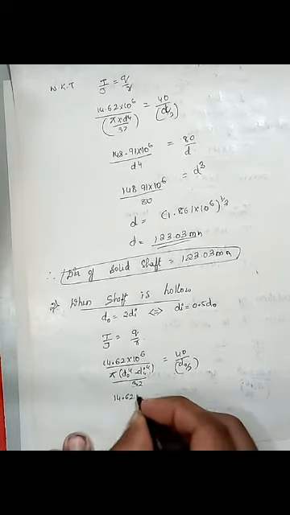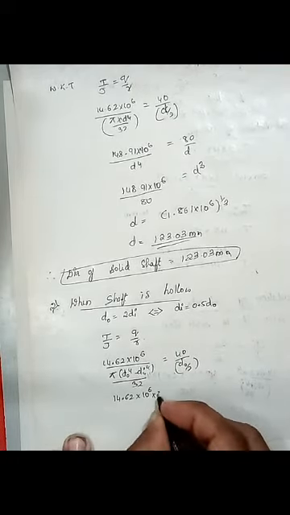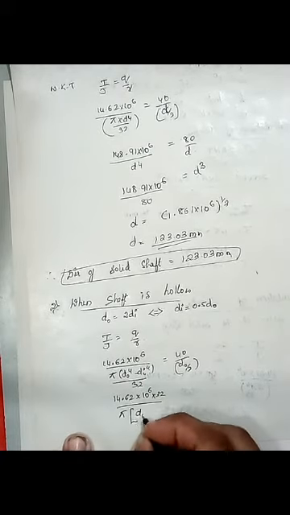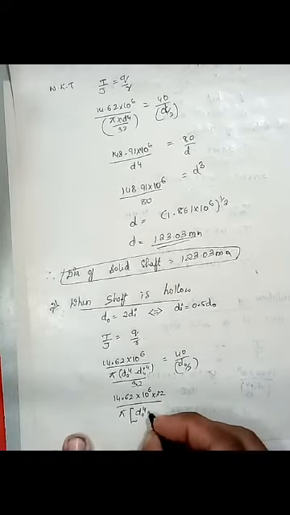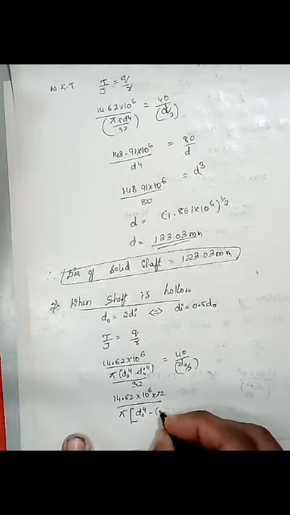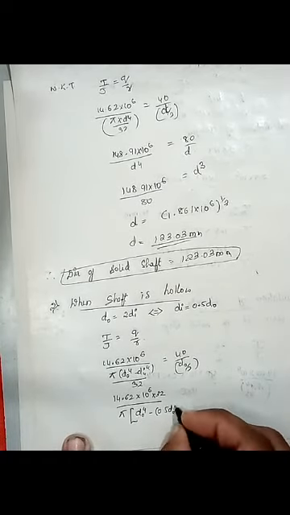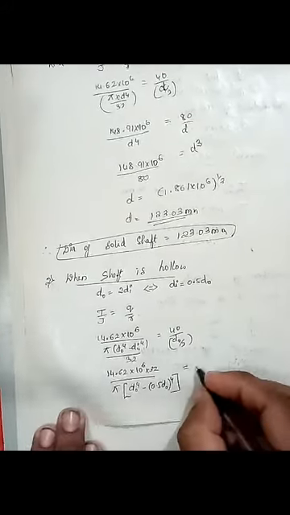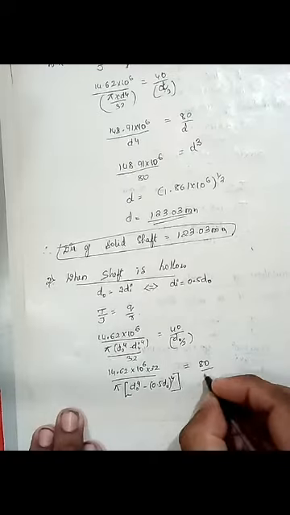So 1.62 into 10 to the power of 6 into 32 divided by pi into (d naught raised to 4 minus (0.5 d naught) the whole raised to 4) equals 80 by d naught.